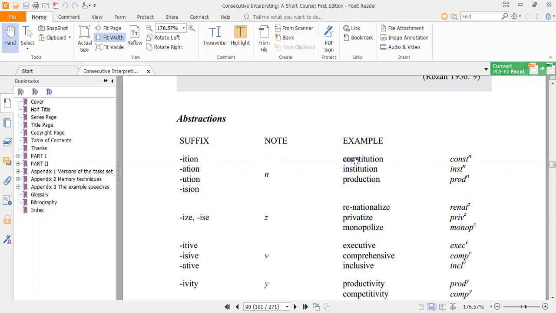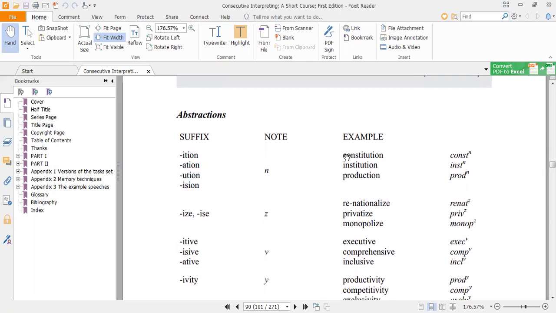For example, construct, constitution: we can take "const", the first four or five letters, and because it ends with "-tion", we write "n" above, like this.